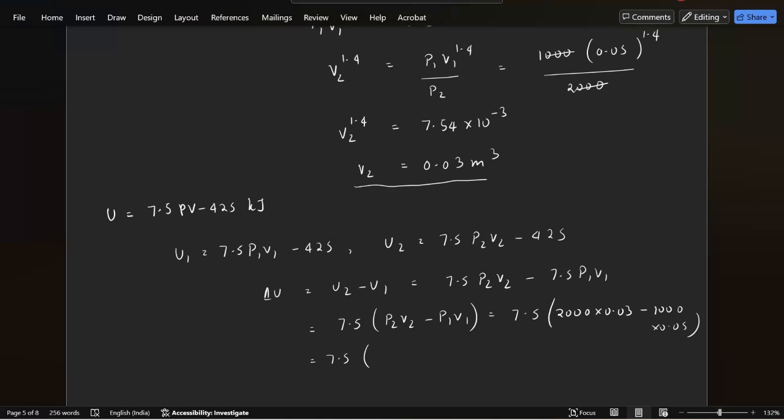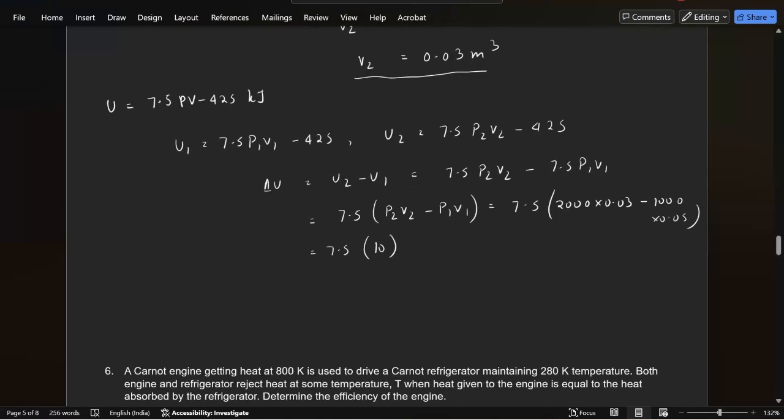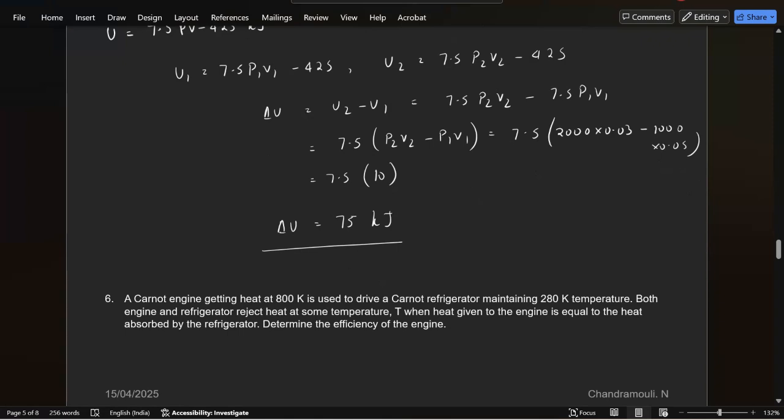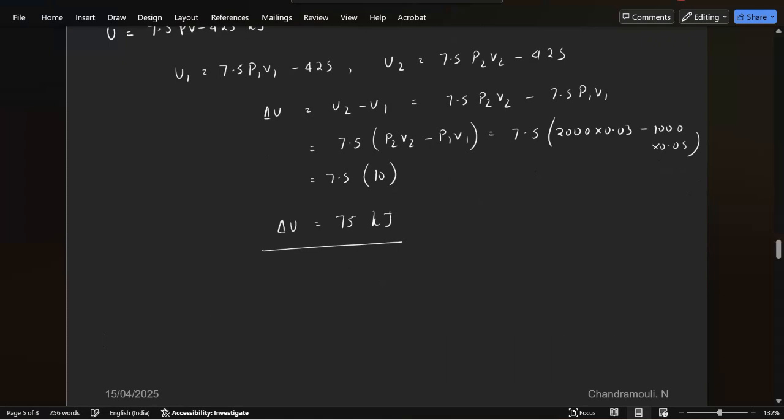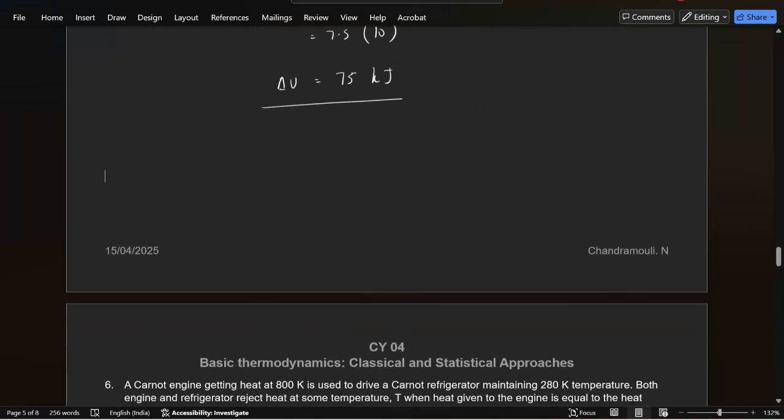So that is coming to 10. Therefore, delta U is equal to 75 kilojoules. Correct. Okay. Did you get this, Jyoti? Yes, sir. Any doubts? Simple. It's simple arithmetic.